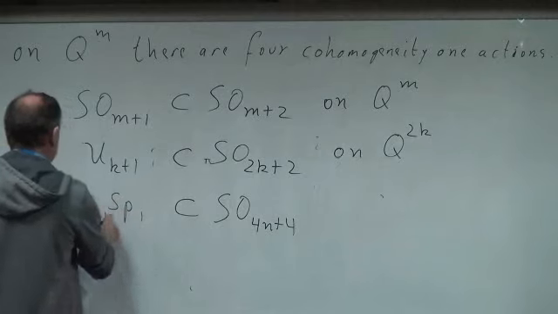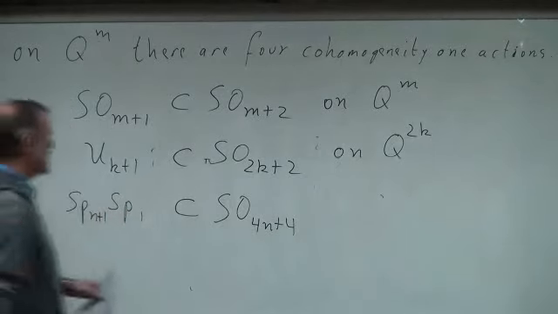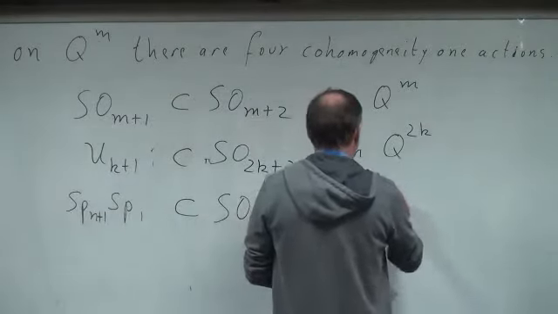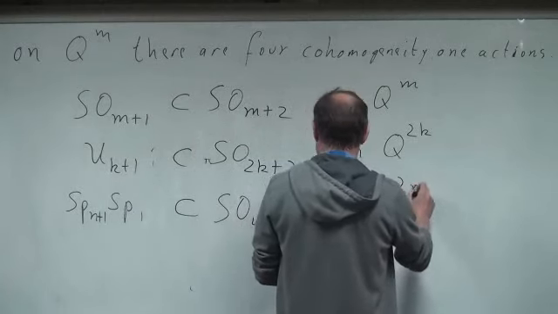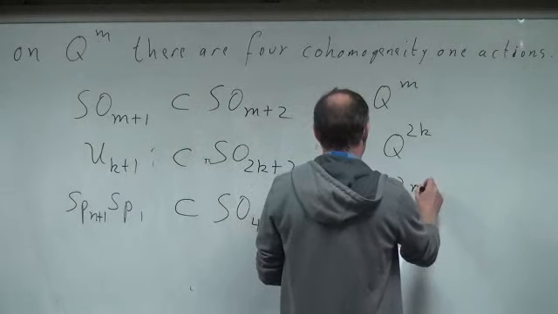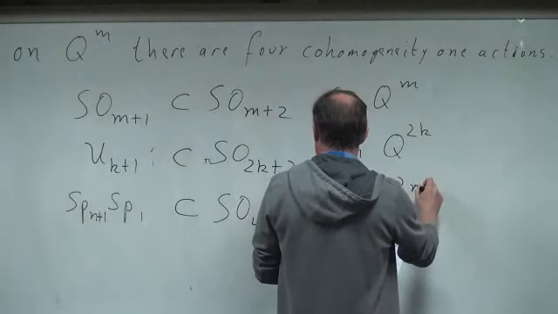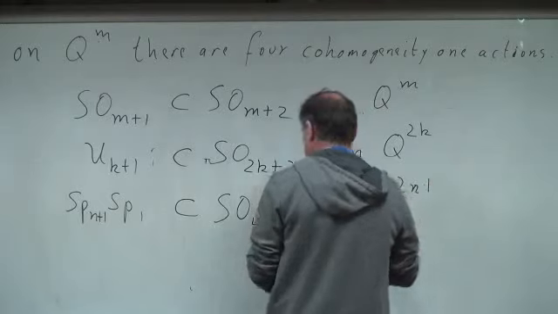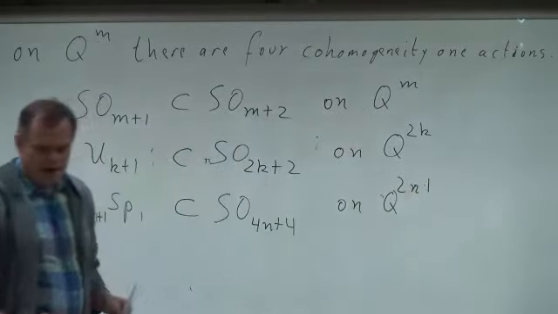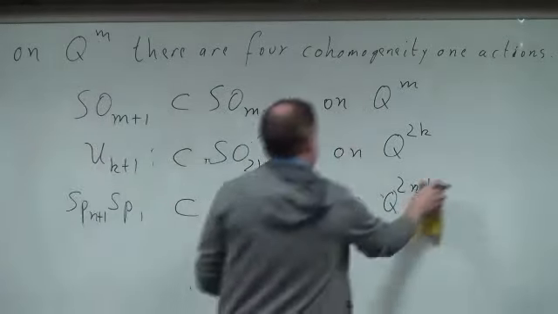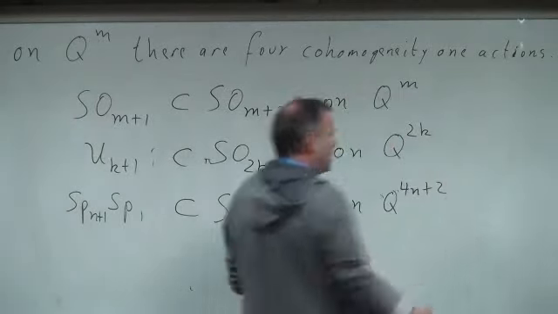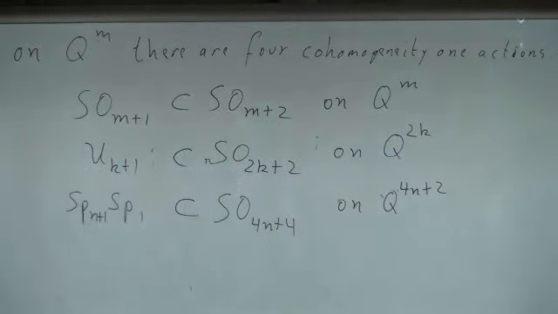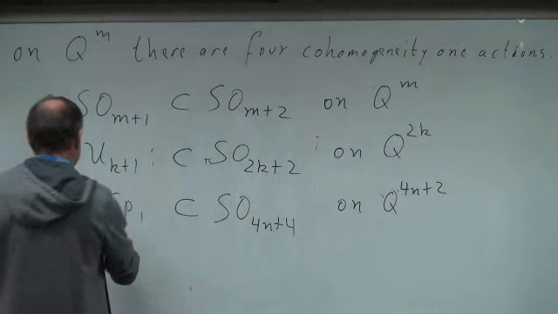So this acts on a complex quadric of dimension 4n. Just have to forget 2 dimensions, so that's 4n+2. So the dimensions are quadrics of dimension 4n+2, and then there is an exceptional one.